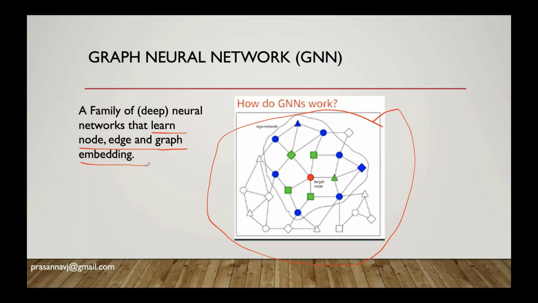So I'm here in this particular node. This node can be represented with a graph embedding. You can imagine that as a vector, as a simple matrix.